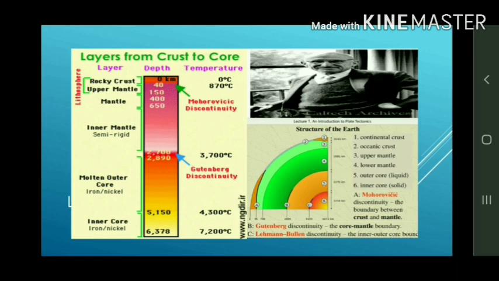The Gutenberg Discontinuity occurs within Earth's interior at a depth of about 1,800 miles, or 2,900 kilometers, below the surface, where there is an abrupt change in the seismic waves. These waves are generated by earthquakes or explosions after they travel through the Earth.